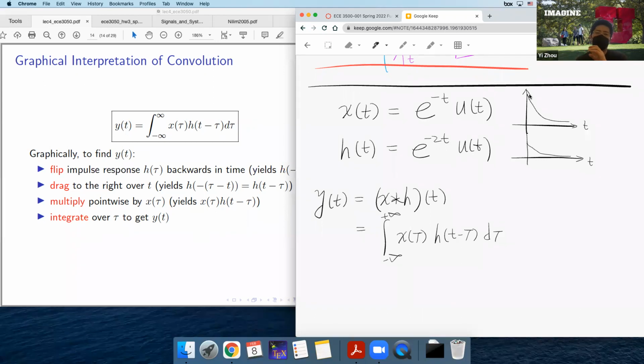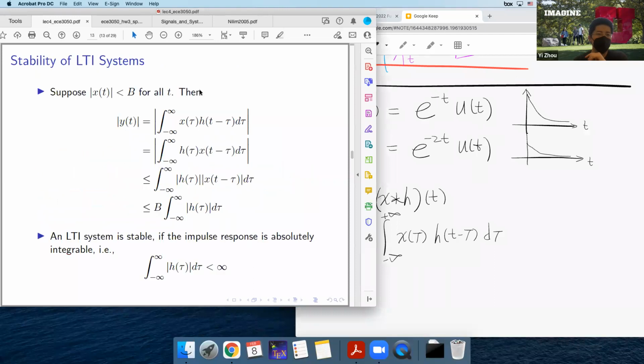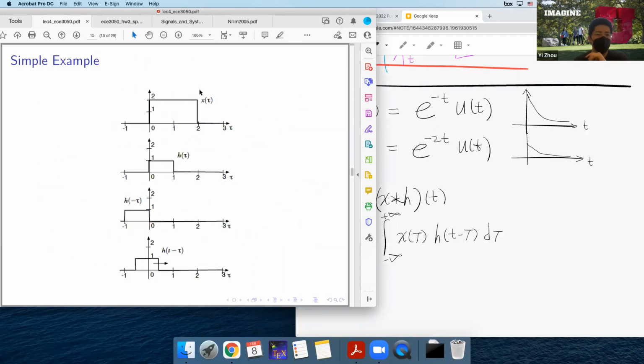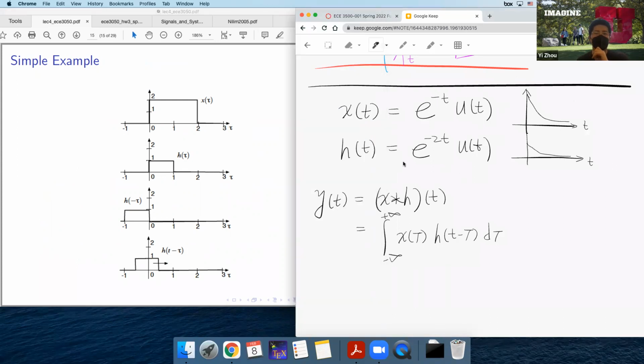I can fix x and go back to the convolution. Now x is the first figure, and for the h part, I first do a reversal, then a time shifting, and move it from left to right. There must be some time when these two signals are overlapping.